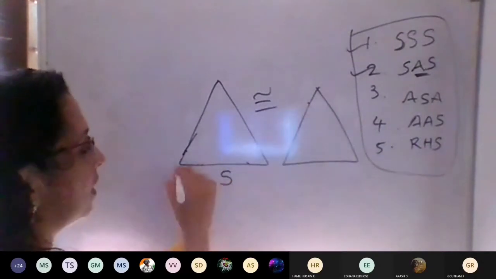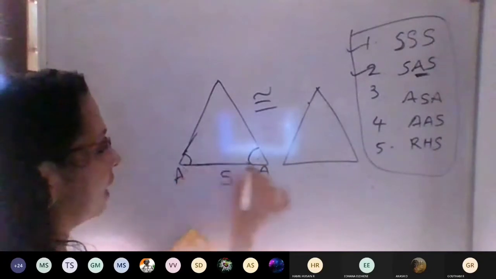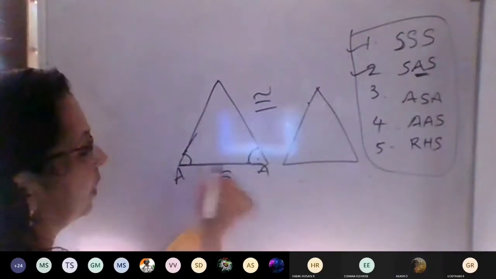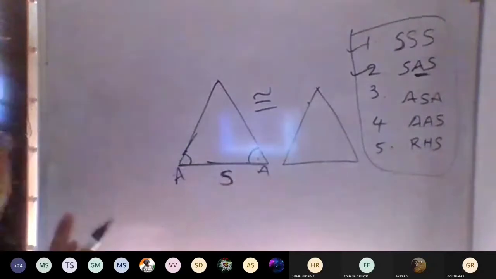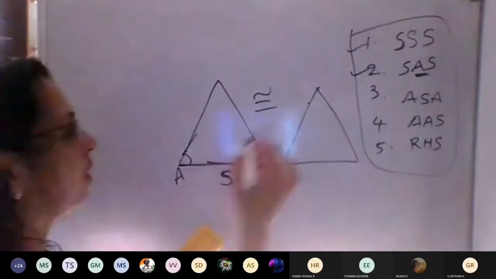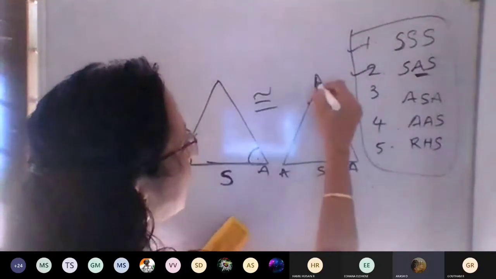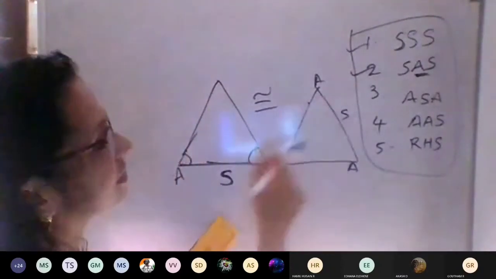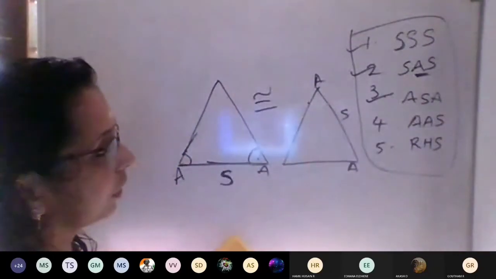Two angles and the included side. That means this side should come in between the two angles, otherwise we can't say. Understood? So if two angles and the included side are equal, we can say that these two triangles are congruent. That is ASA. Any doubt in this?